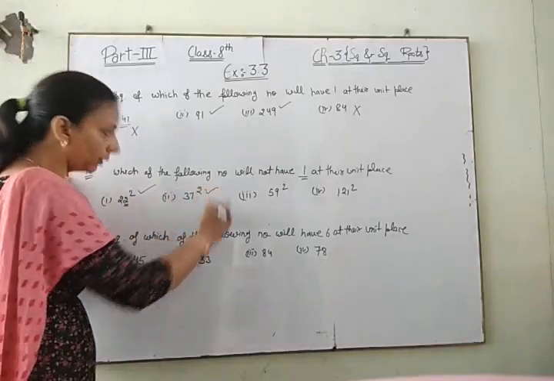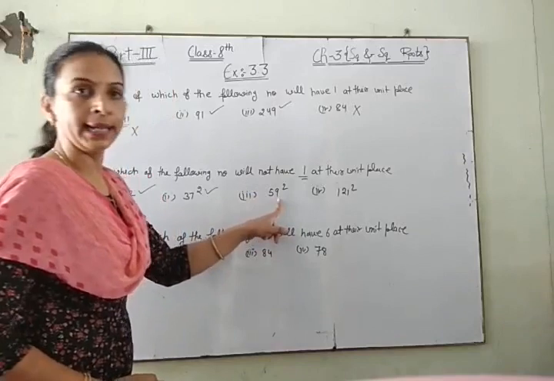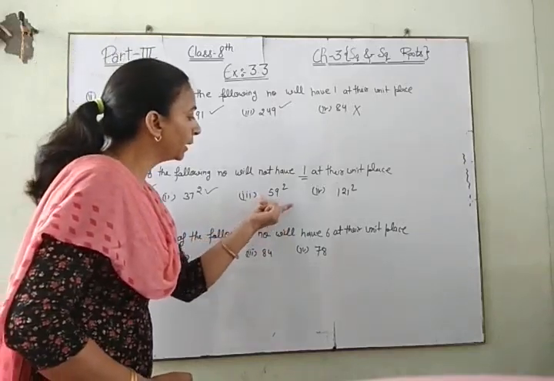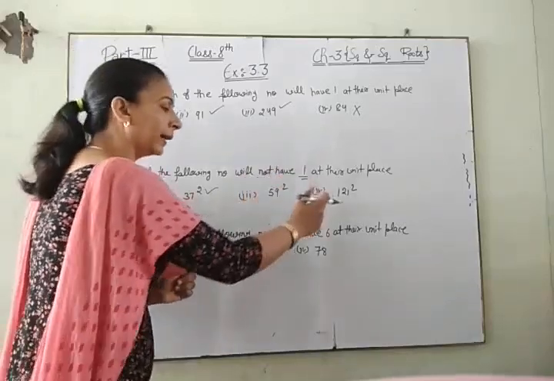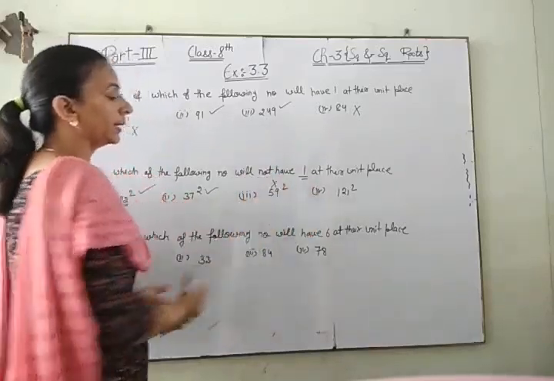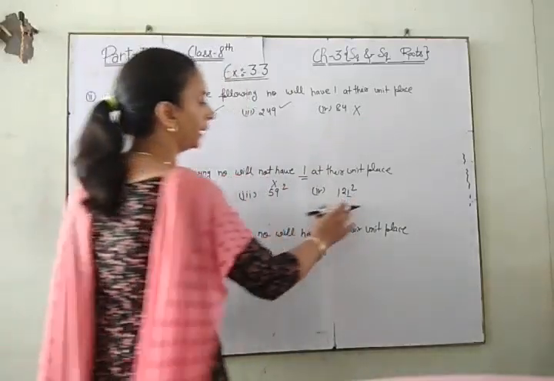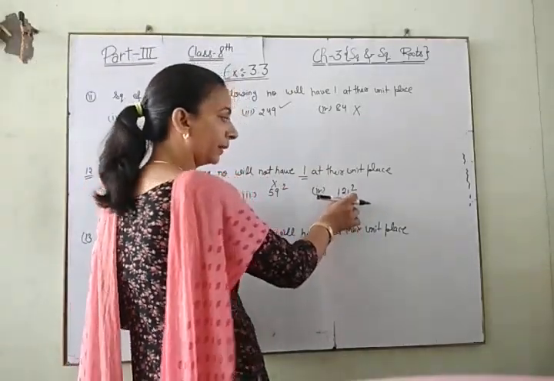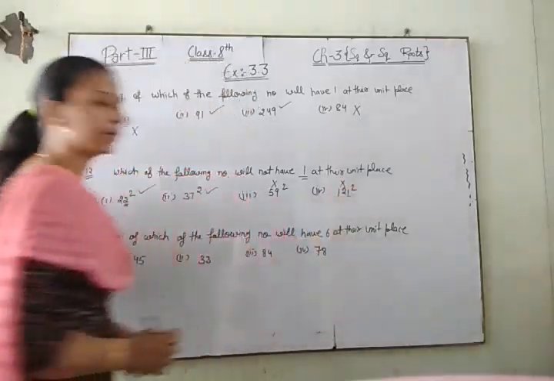We also take this number. The unit place of this is 9, and the unit place of the square is also 1, but we want not 1, so we don't take this number. And this number ends with 1, so the square of 121 has unit place 1 also, so we also don't take this number.